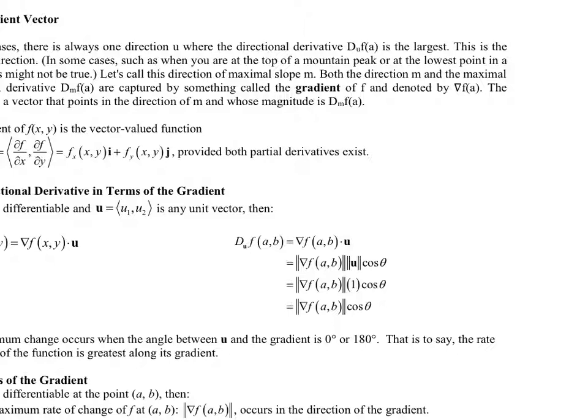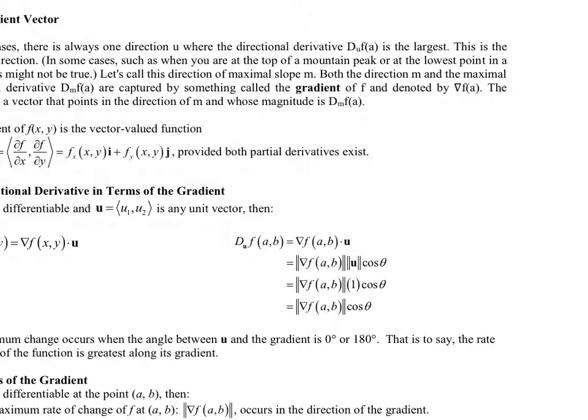Right? So if you're trying to, let's say, climb a mountain and you want to have the most direct path there, you might say, well, I'll just go that way. But if there's a lot of twists and turns along the way, that could be a problem. What the gradient does is it gives you a sense of what direction you should go in order to maximize your productivity, basically.